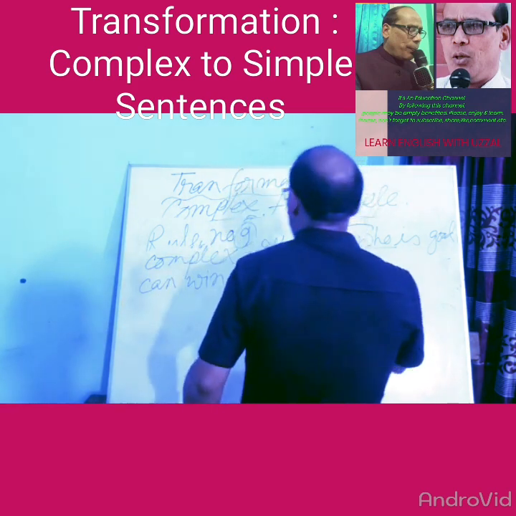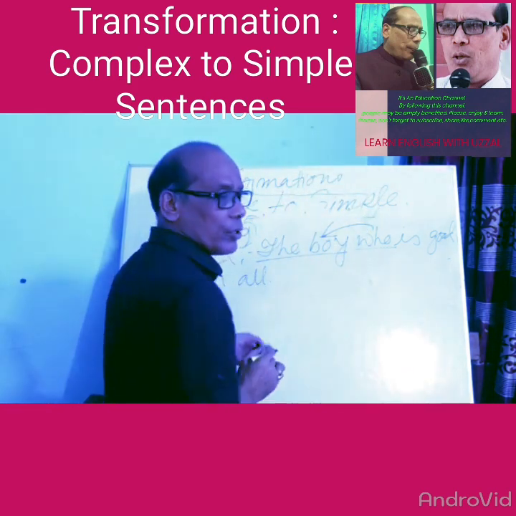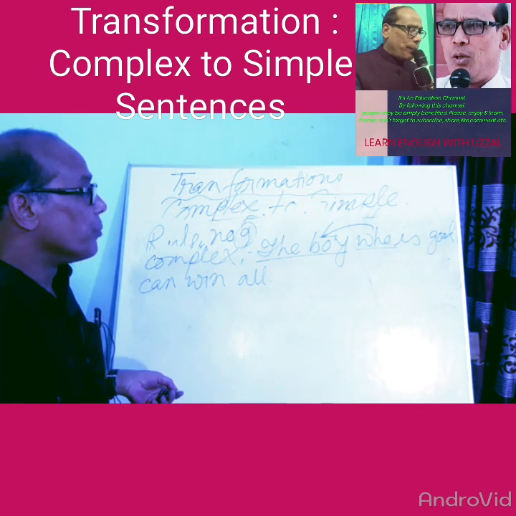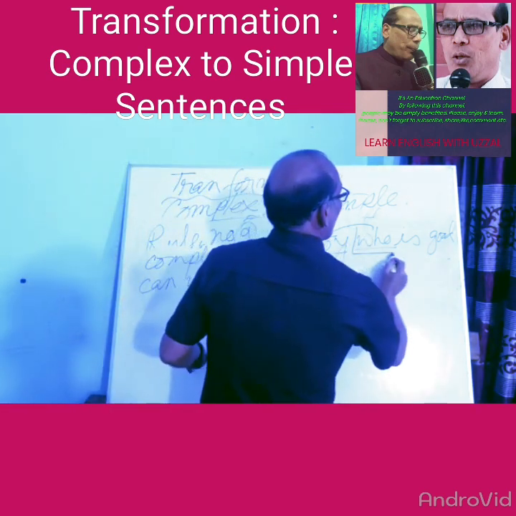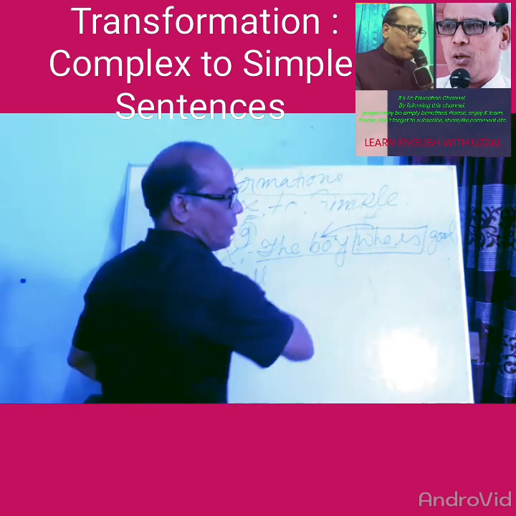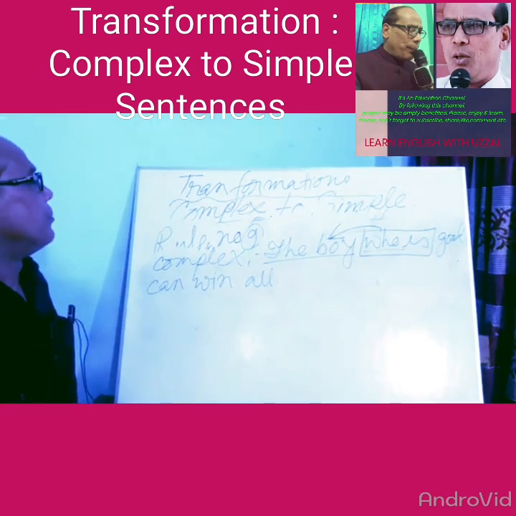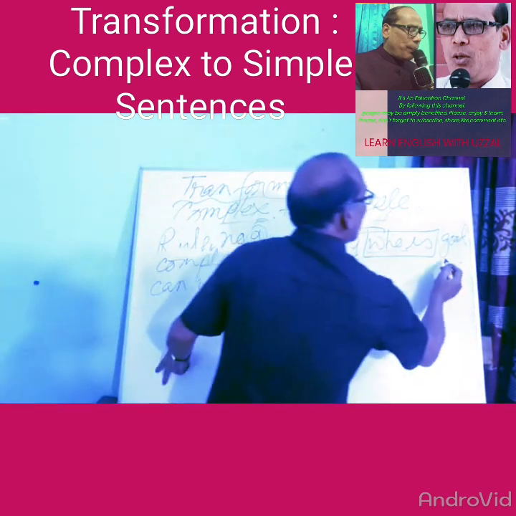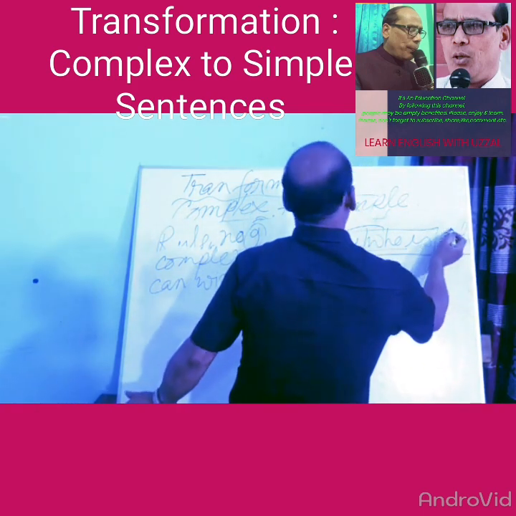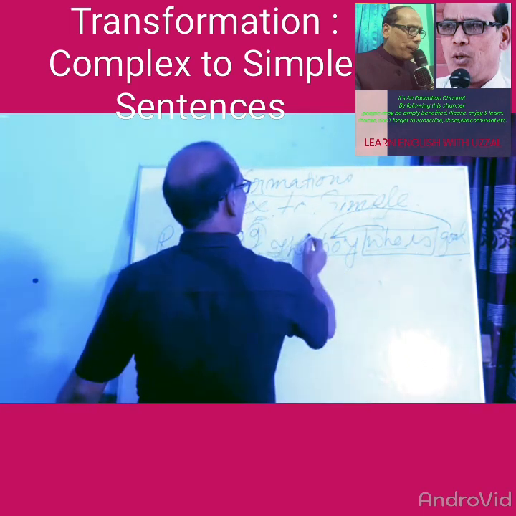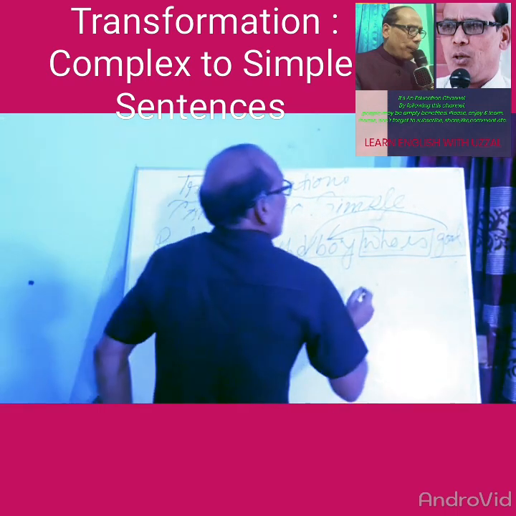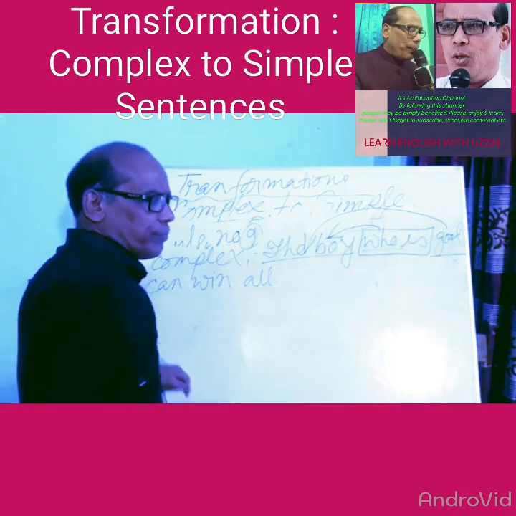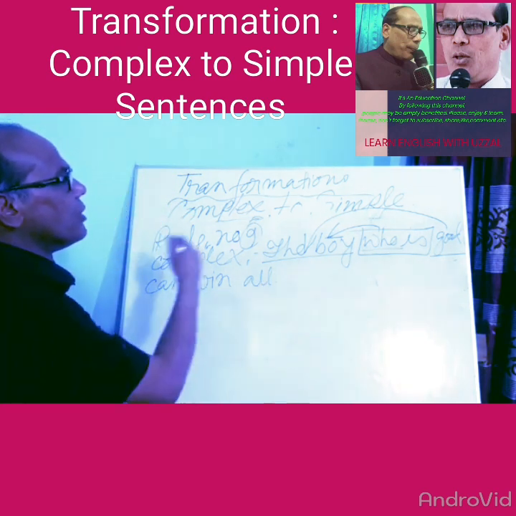If we want to make this type of complex sentence simple, we have to omit the relative pronoun and the verb, and the adjective will come before the noun subject. It cannot be "good the boy", we know an article is used before an adjective.